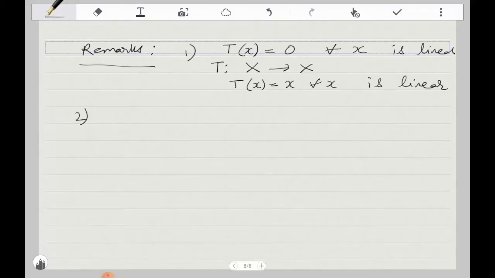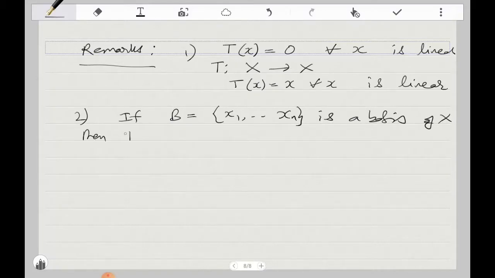In other words, if B equals x1, ..., xn is a basis of X, then T is determined by the set of vectors T x1, ..., T xn.